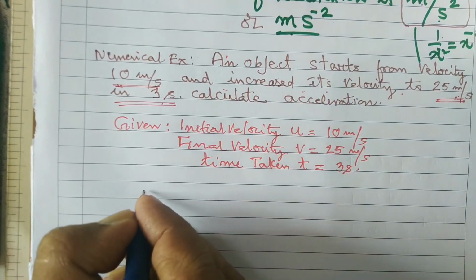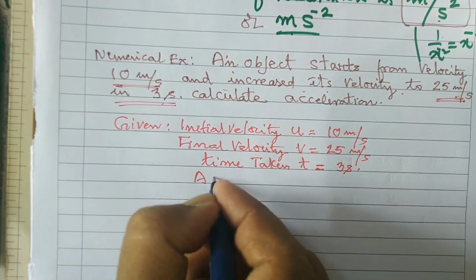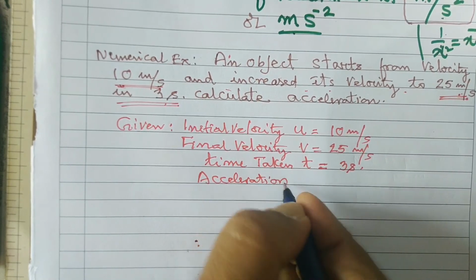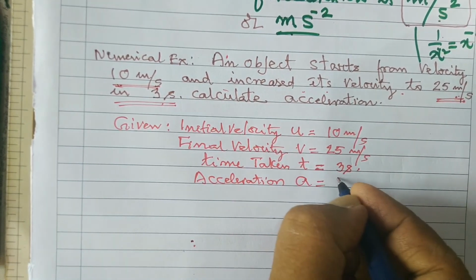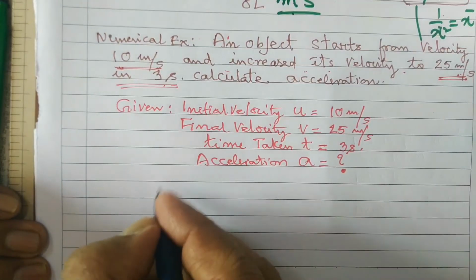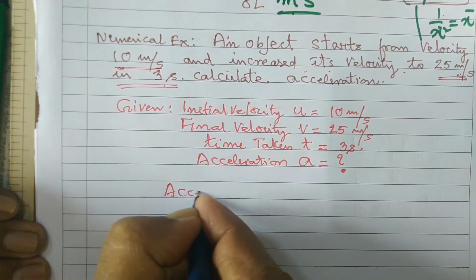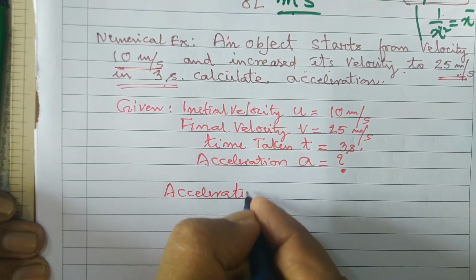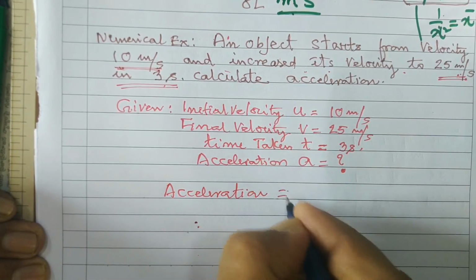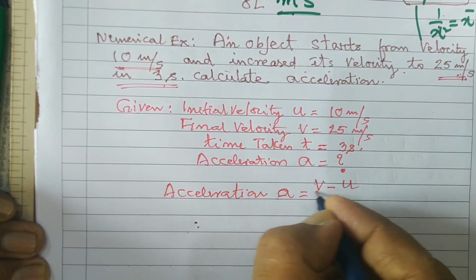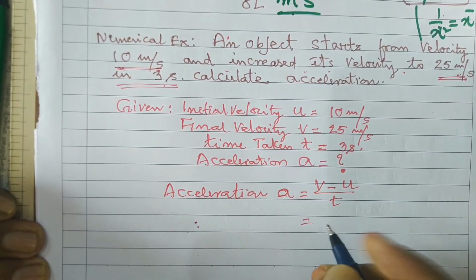So what you have to find out here, you write it: acceleration a is how much, that is to be found out. So what you do is you write acceleration a is equal to v minus u by t. Formula compulsory you have to write it.